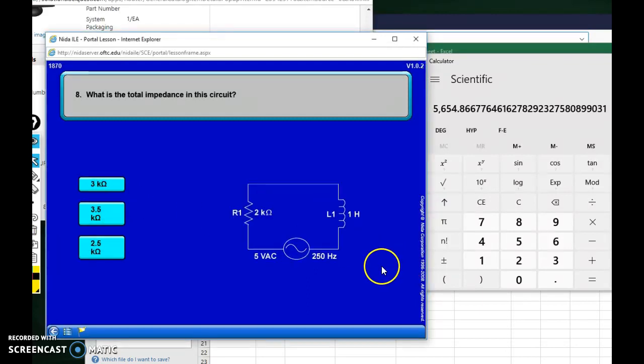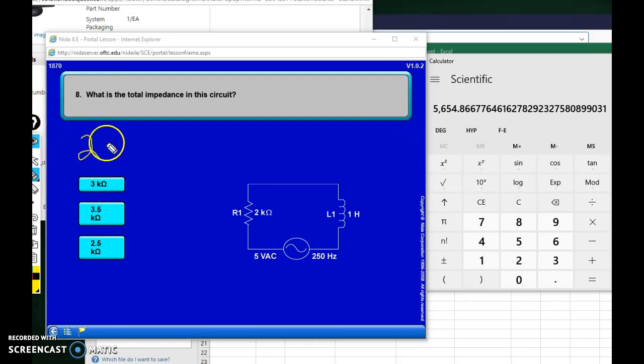All right, so total impedance. Now we're getting into the part that's a little more in depth here. The very first thing we've got to do is apply the 2 pi FL formula. So let's draw out that formula. 2, and I accidentally went back to my mouse.